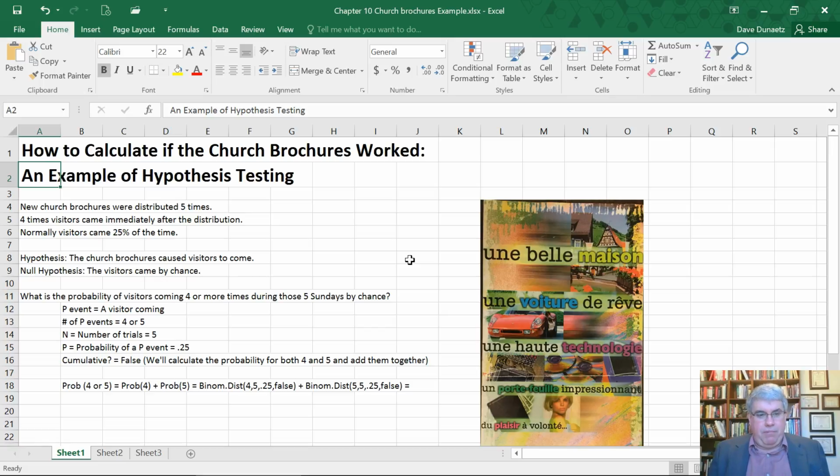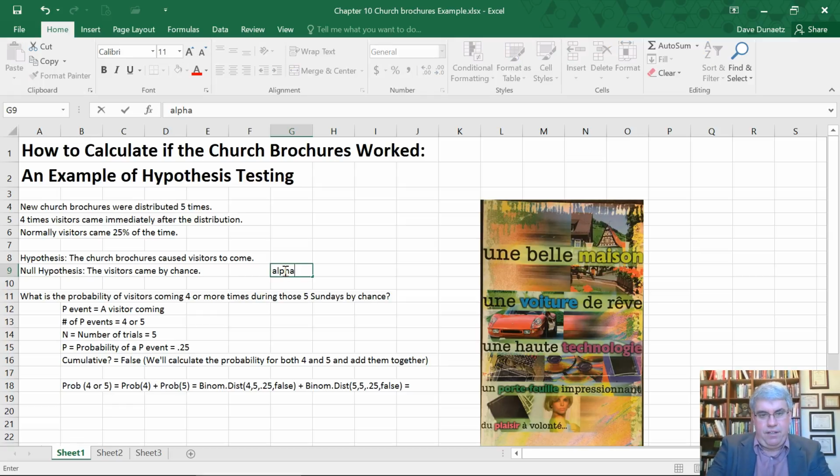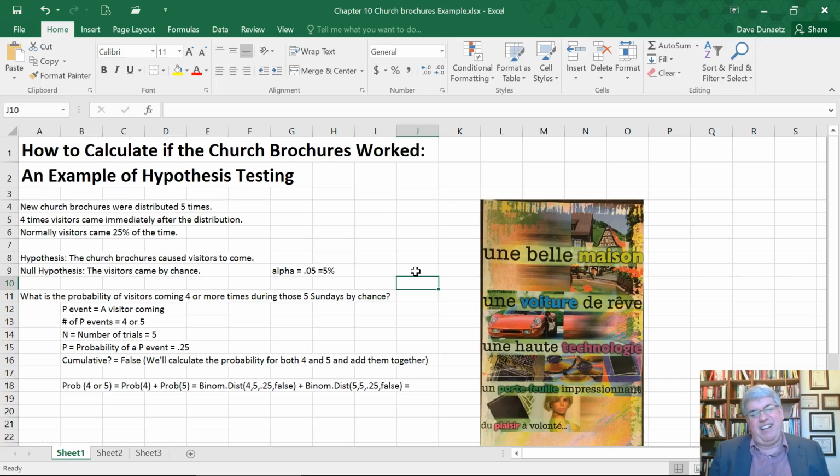So the cutoff point that we're going to use, our alpha, is going to be 5%. So we're going to say alpha equals 0.05, or we could say equals 5%. So what that means is that if there's more than a 5% chance of getting that many visitors by chance, we're going to say we don't have any evidence that the brochures worked.